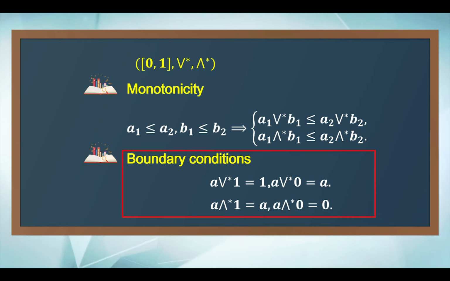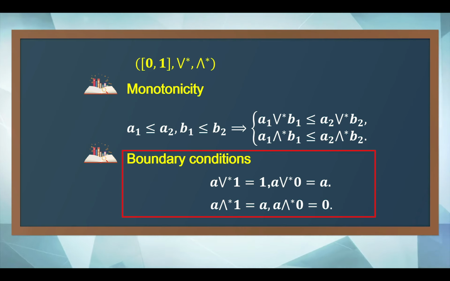Boundary conditions: the generalized maximum of A and 1 should be 1. The generalized maximum of A and 0 should be A. The generalized minimum of A and 1 should be A. The generalized minimum of A and 0 should be 0.